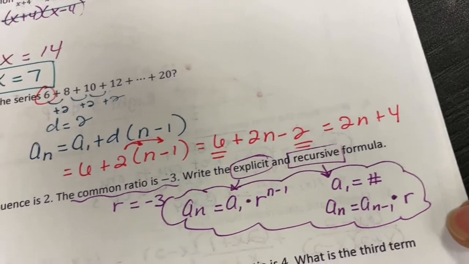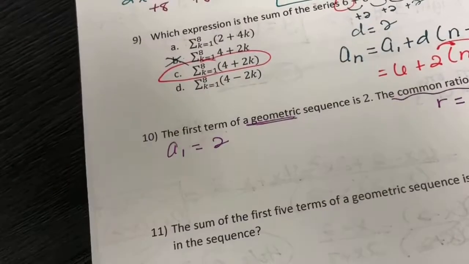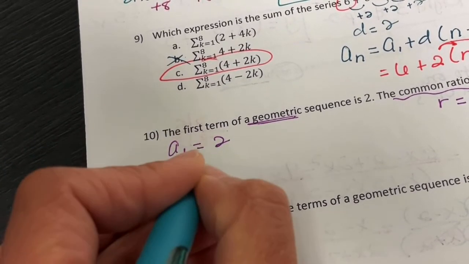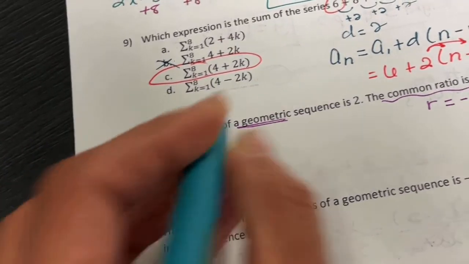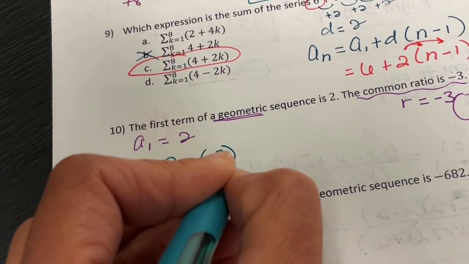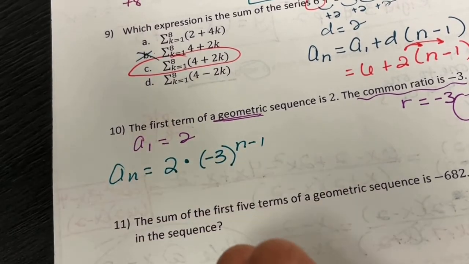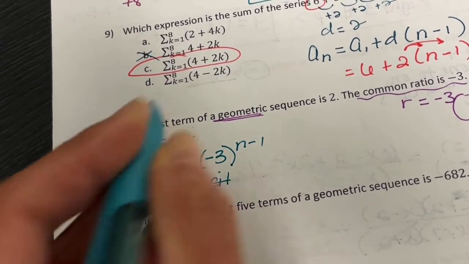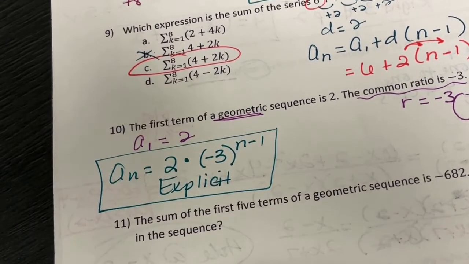Okay, so now we're going to use those for this particular situation. So a sub n equals a1 they gave me is 2 times the r they gave me is -3. Because it's negative, I'm going to put it in parentheses and then to the n minus 1 power. And there is my explicit formula. There's part of it.